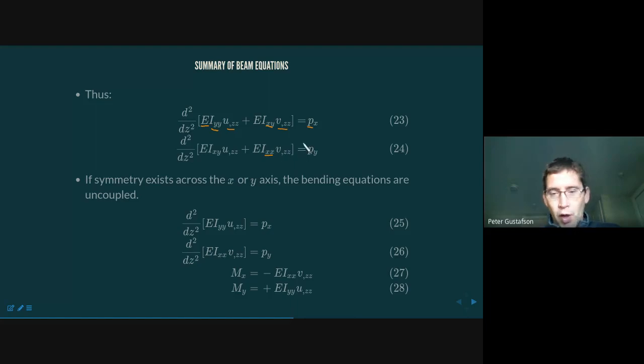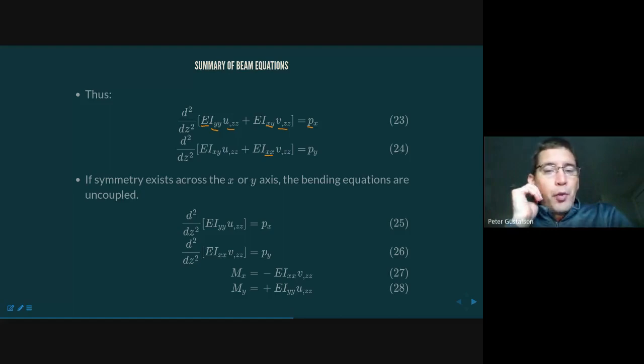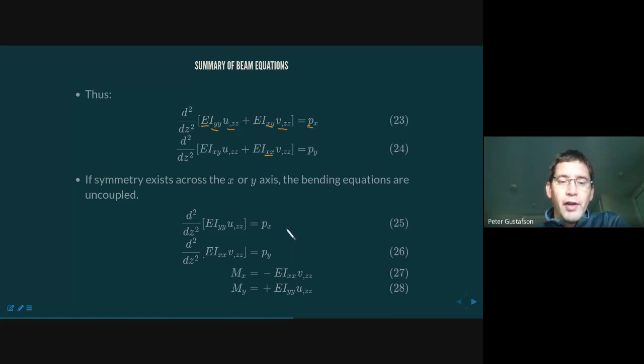Note one more time that the overall equation you're seeing here is a differential equation. It really applies along the reference line, so the derivatives are with respect to position along the reference line. And note also that this is at a point in the beam, so this is a cross-sectional differential equation, derivatives being with respect to the overall length of the beam, or I should say position within the length of the beam.